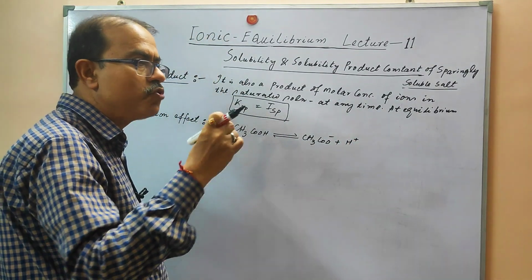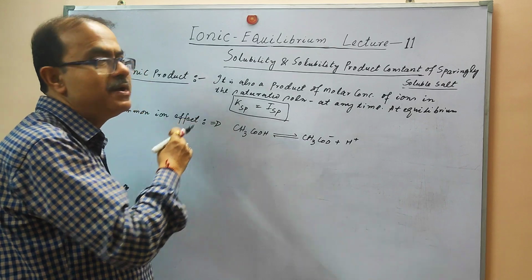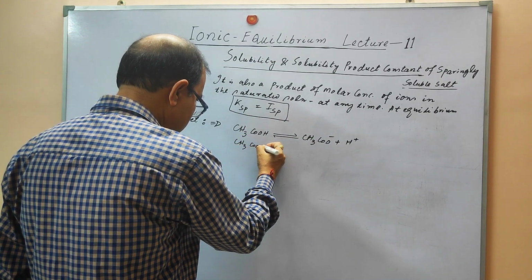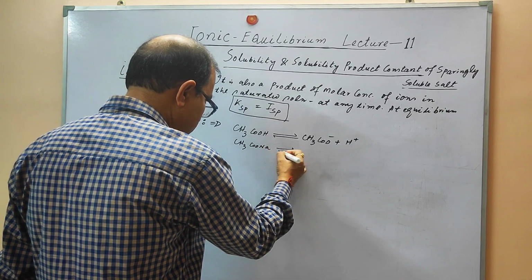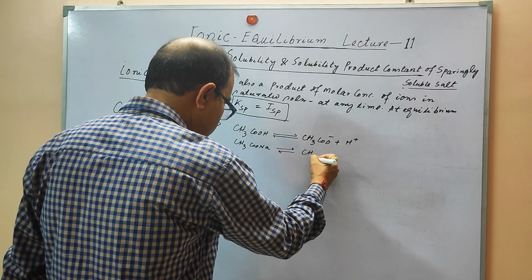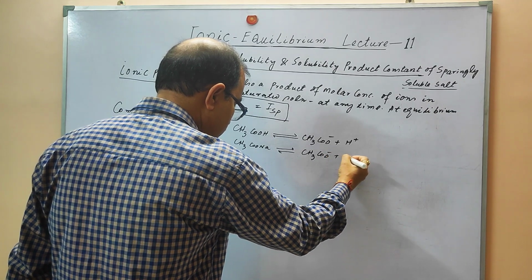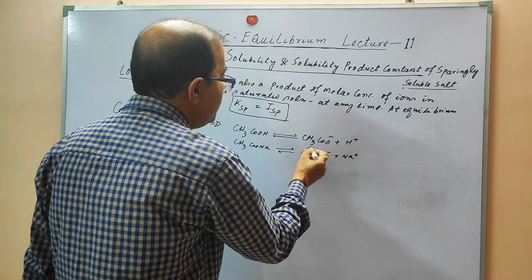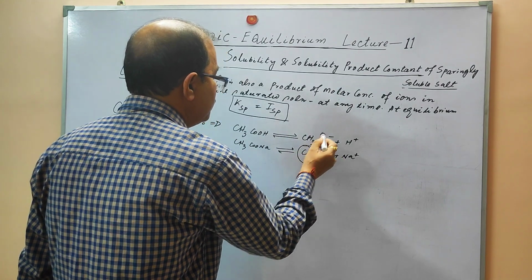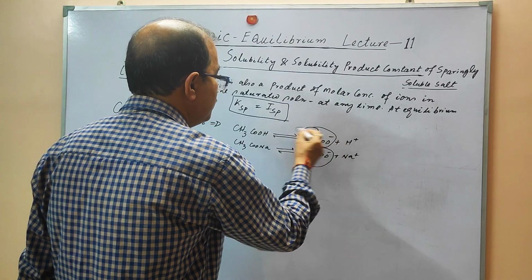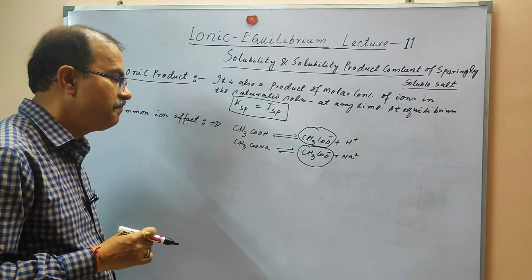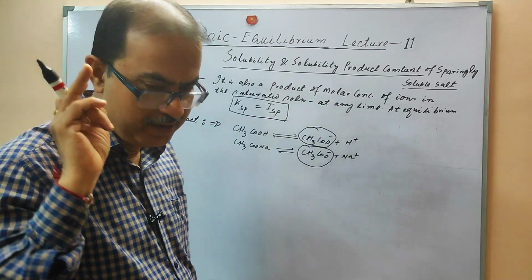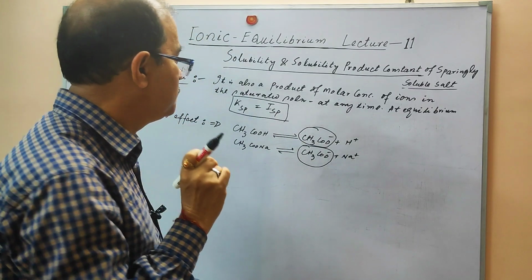When we put a strong electrolyte, sodium acetate, being a strong electrolyte, it will completely dissociate into its ions, right? So what is going to happen? There will be common ions, here an anion. We can consider Le Chatelier's principle.